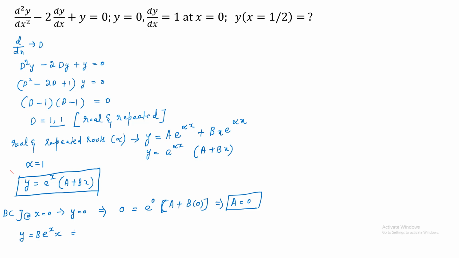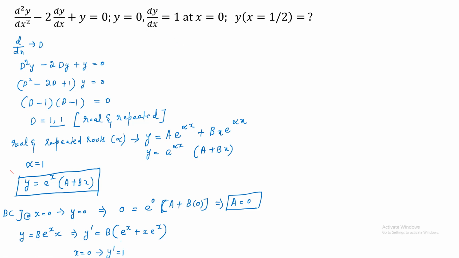Now let's find the derivative of this, because we have a boundary condition for the derivative as well, right? We have two functions of x, so we'll use the product rule. Then we'll get e power x plus x e power x, multiplied by b. Now we apply the boundary condition: at x is equal to 0, y dash is equal to 1, right?